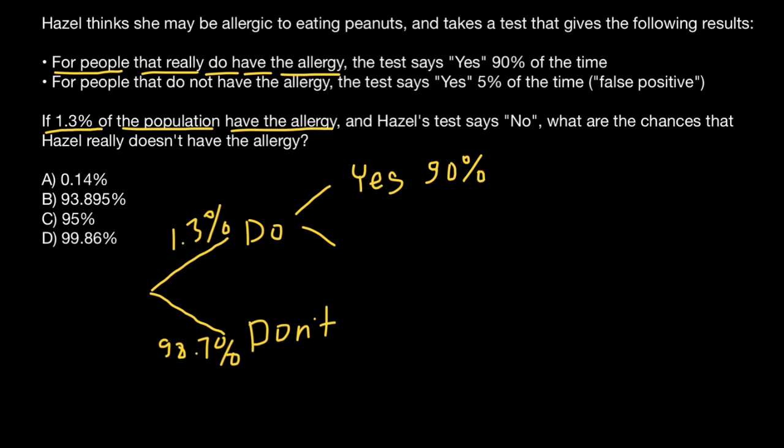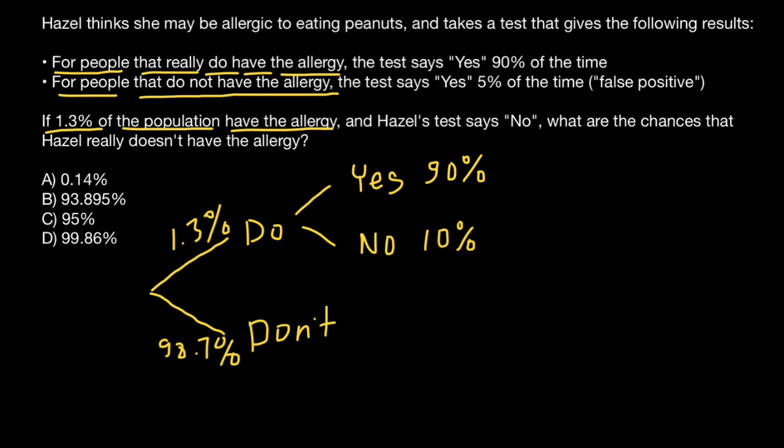But that also means that in 10% of the time this test is going to show that people who do have allergy don't have allergy. So this is going to be a false negative. Again, we are not given this 10%, but we assume that if 90% shows correctly, that means that 10% would show wrong results.